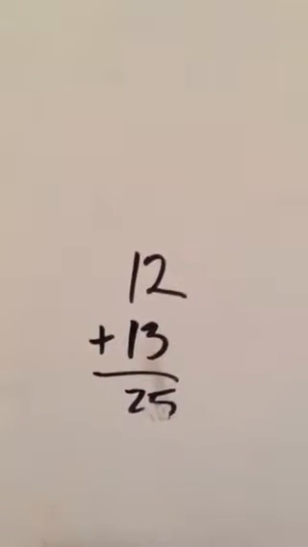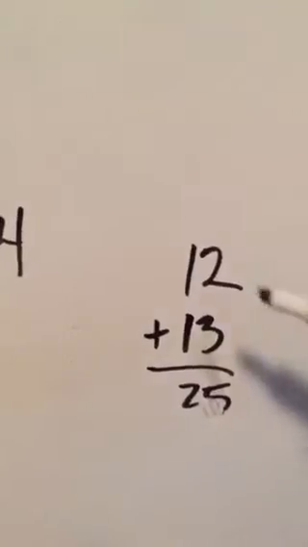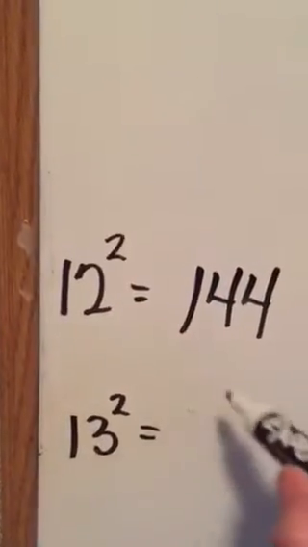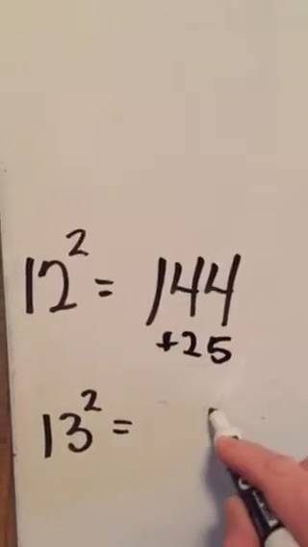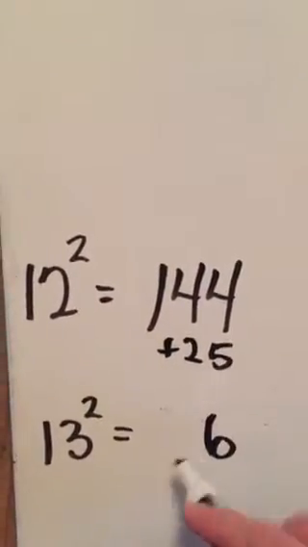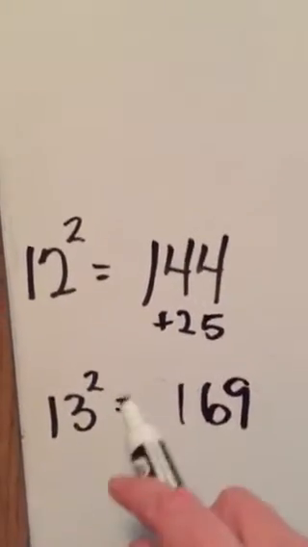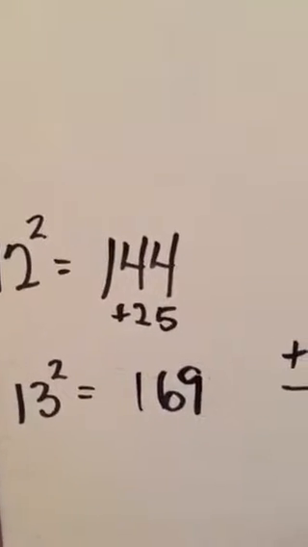See, I already did the math. 12 plus 13 is 25, and this is me stalling because I can't get the cap off my pen. So if you know that 12 plus 13 is 25, then I can quickly just add 25 to 144, which tells me that 13 squared is 169. Isn't that a fun trick?